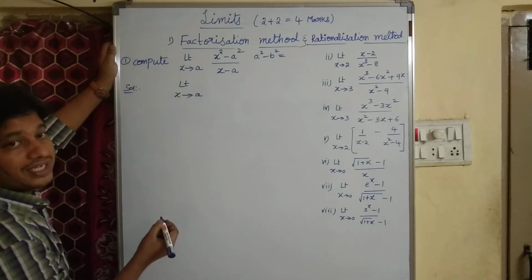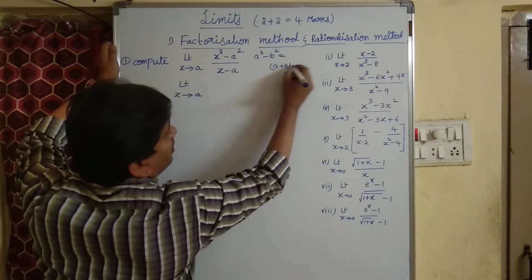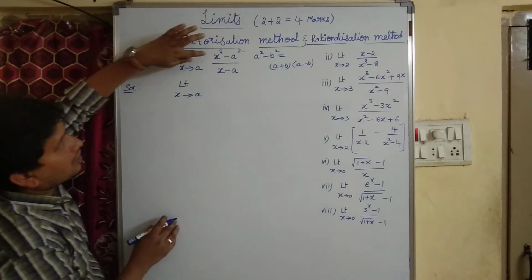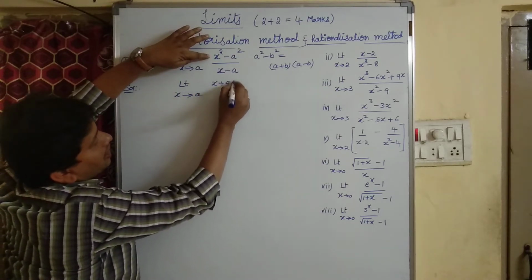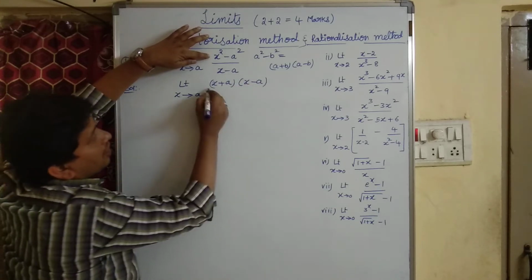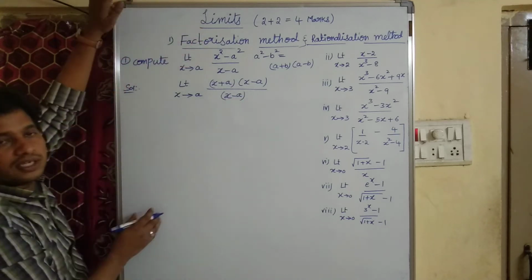Do you know, students, what is the formula of a square minus b square? It is (a plus b) into (a minus b). Here x square minus a square I can write as (x plus a) into (x minus a), divided by what is there in the denominator?